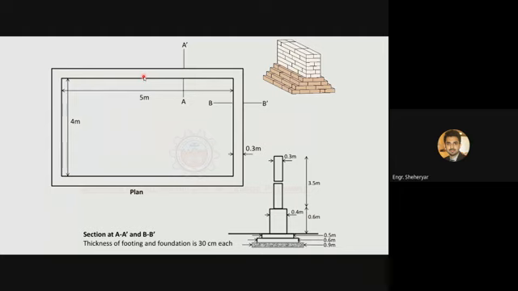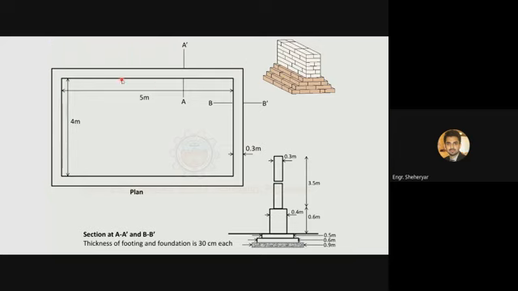Now the second point is how you will define the long wall and how you will define the short wall. The wall which is considered to be a long wall, you will measure the length of that wall from exterior edge to the other exterior edge, from outer end to outer end.